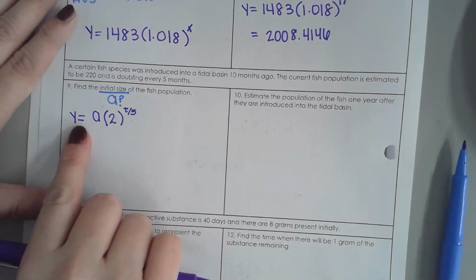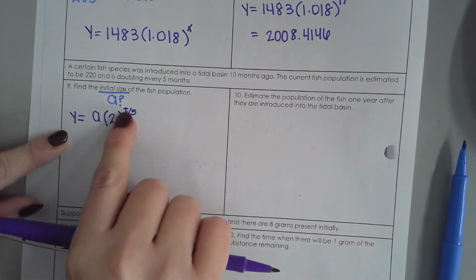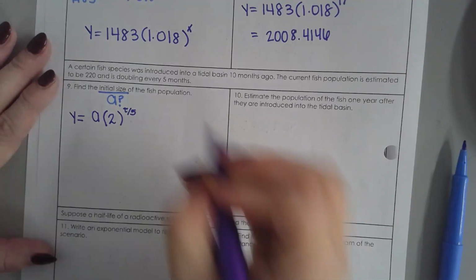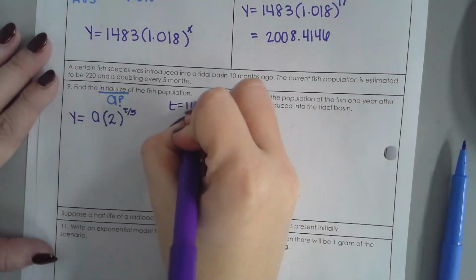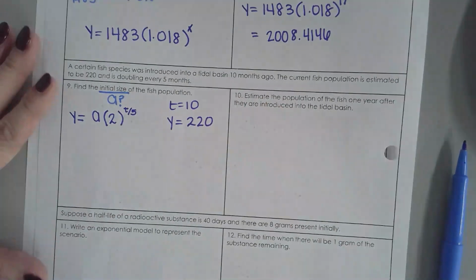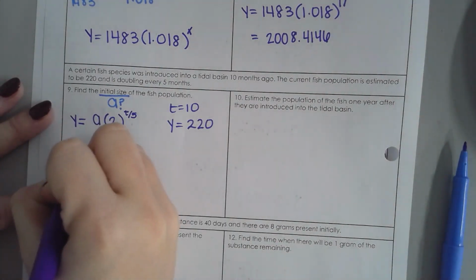So I know that it's currently 220. And it's been 10 months. So when t is 10, my y is 220. If it was put in 10 months ago, 10 months have elapsed. So my t is 10. And then it's 220 now.